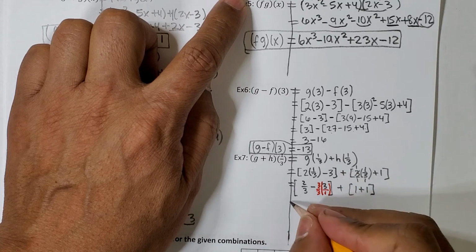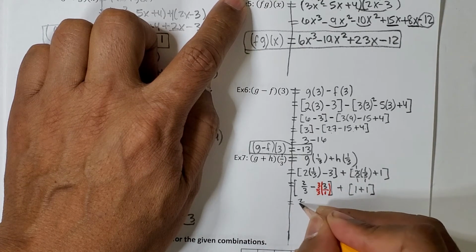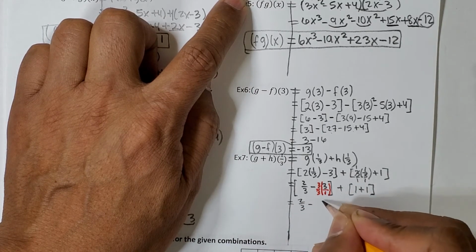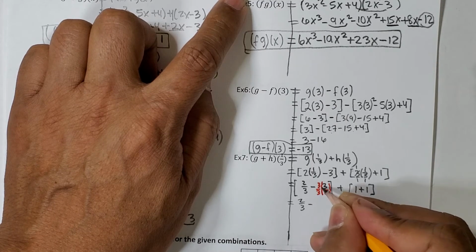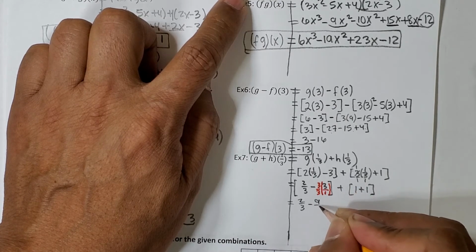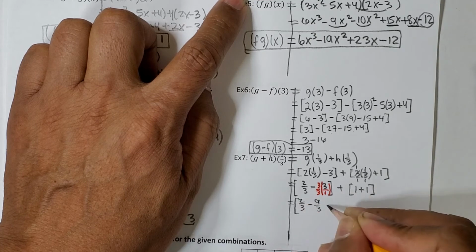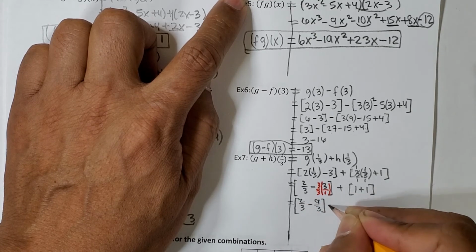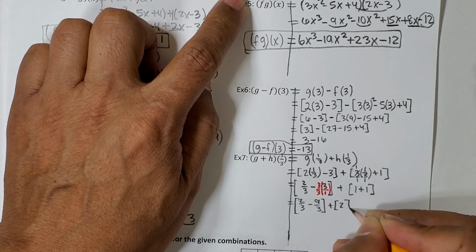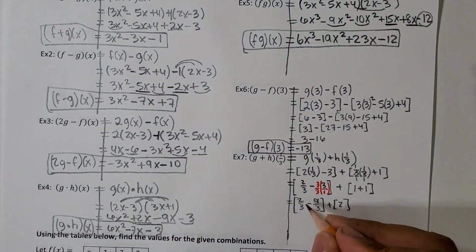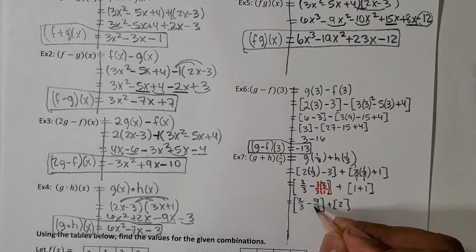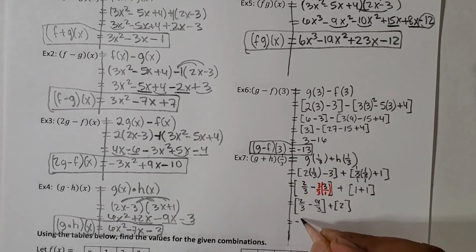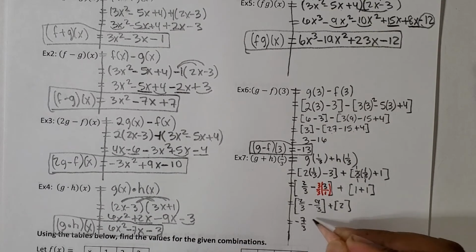So when we do that, this is 2/3 minus 9/3 plus 2. 2 minus 9, so this is going to be negative 7/3.